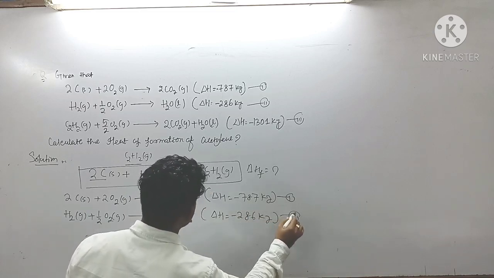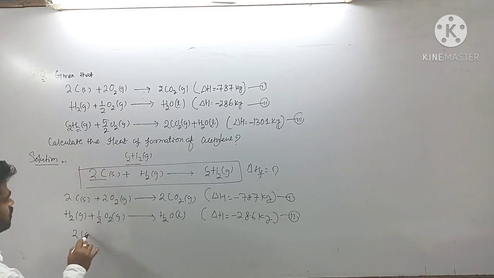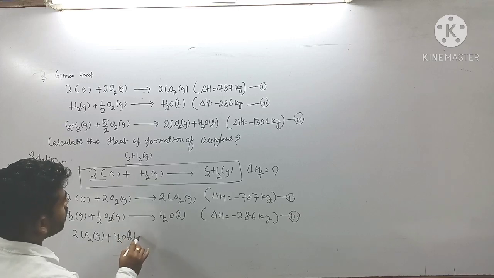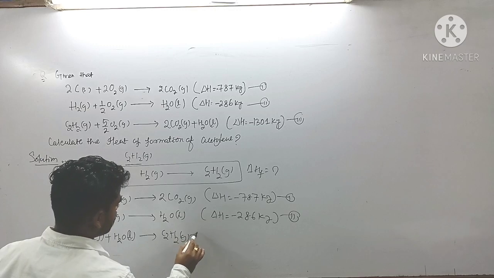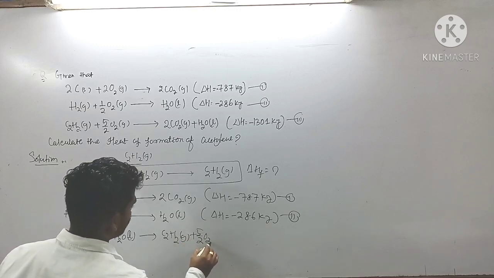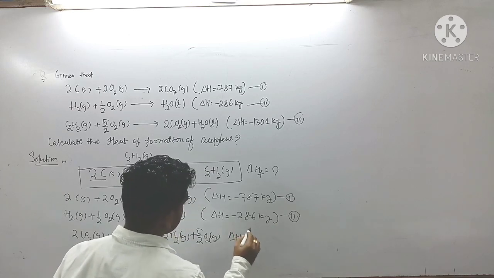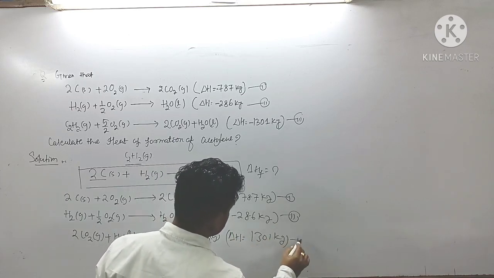It remains as equation 2, and you just reverse the third one, that is 2CO2 gas plus H2O liquid giving rise to C2H2 gas plus 5/2 O2 gas. And here the sign of del H will be reversed, that will be 1301 kilojoule. So this one is equation 3.